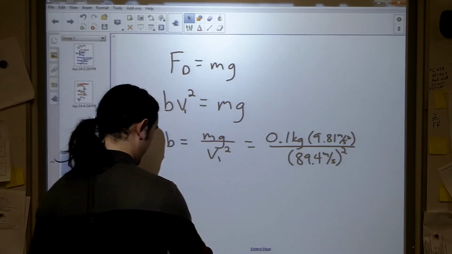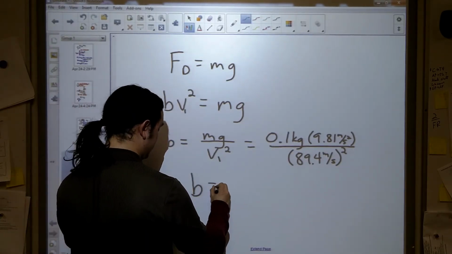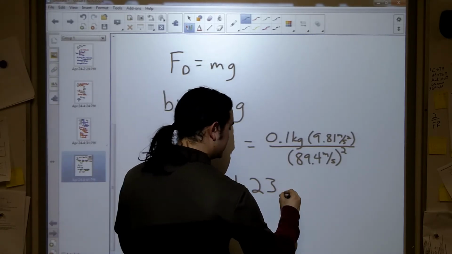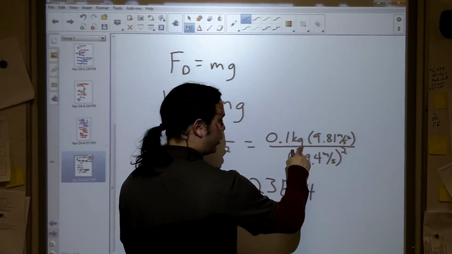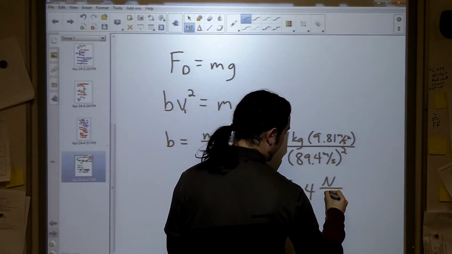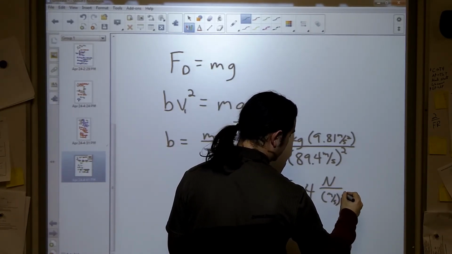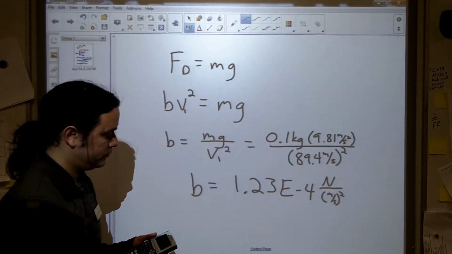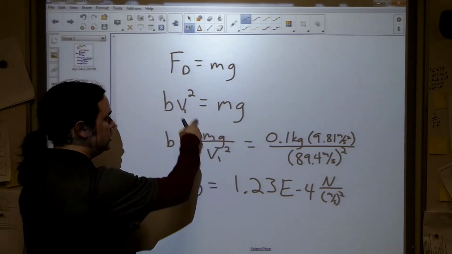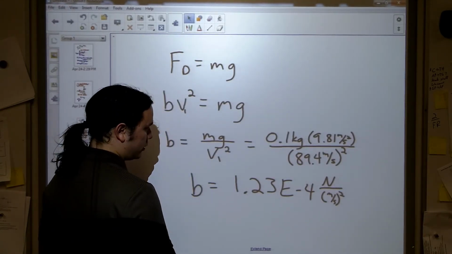If I've done this correctly, we end up with a laughably small 1.23 times 10 to the negative 4th kilogram times meter per second squared. That is a Newton divided by the quantity of meter per second squared. Those are those units that I mentioned before because they have to work out for the equation to actually work.